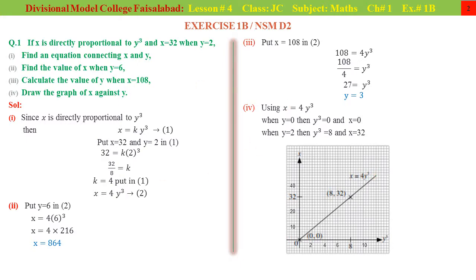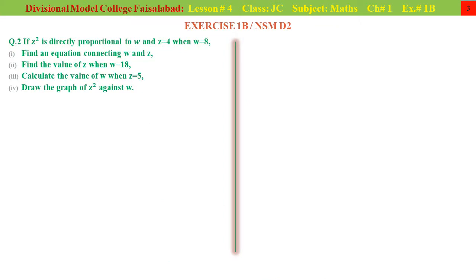Hope this is clear. Now let's move to question number 2. In this question, z square is directly proportional to w. Now variables are changed. On the left hand side there is z square and on the right hand side there is w. So taking this statement, we will form an equation and then we will answer these parts.